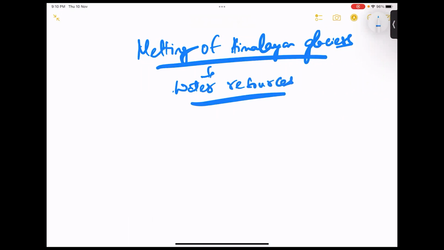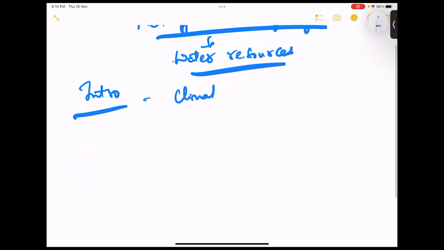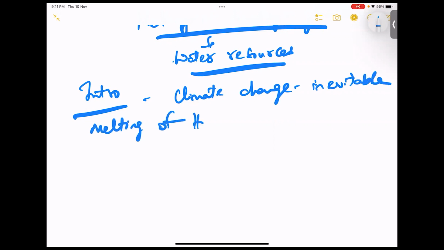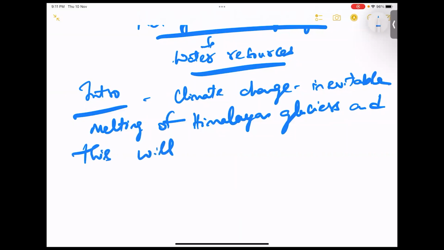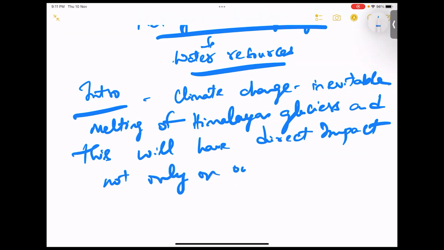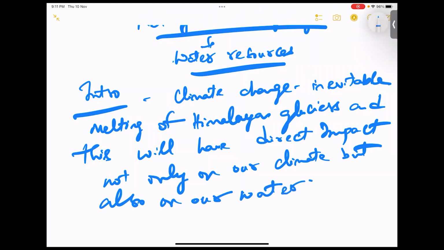So good question. And here in the introduction, you can write that with the climate change, which has become inevitable, there seems to be melting of Himalayan glaciers, and this will have direct impact not only on our climate but also on our water resources.